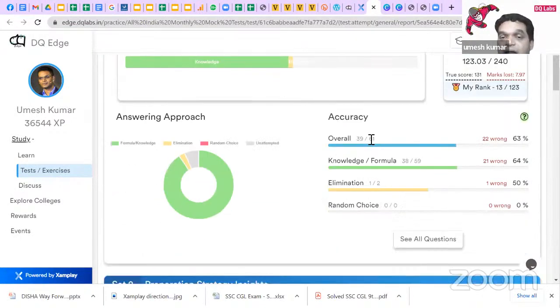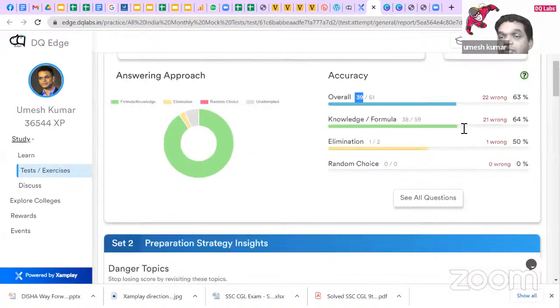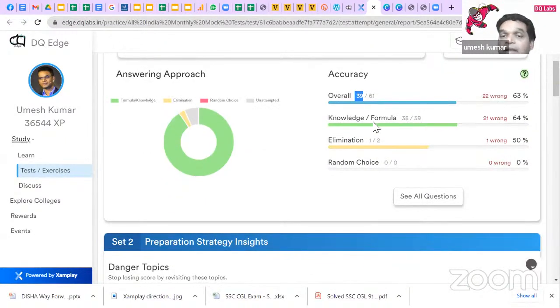Now, she has answered 61 questions, okay, out of which she got 39 correct and 22 wrong. And she has applied knowledge or formula for 59 questions. Elimination, she has done 2, and 1 got correct and 1 got wrong. And she did not use random choosing at all because she's a very careful student, because there is negative marking.